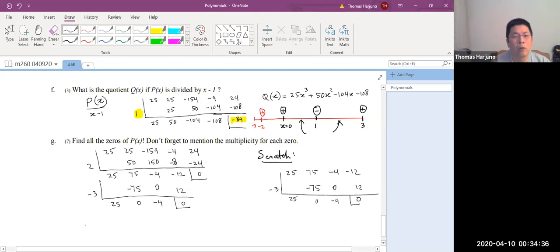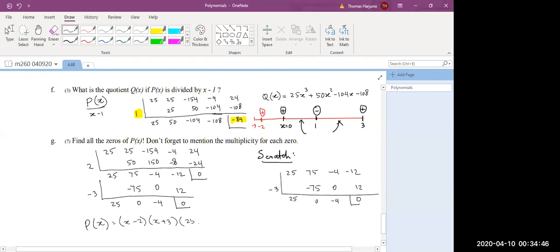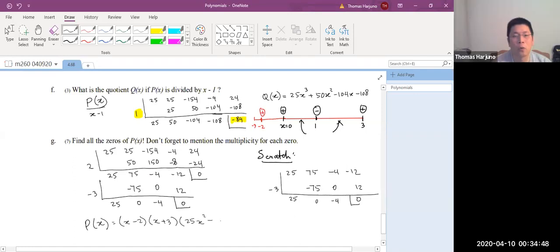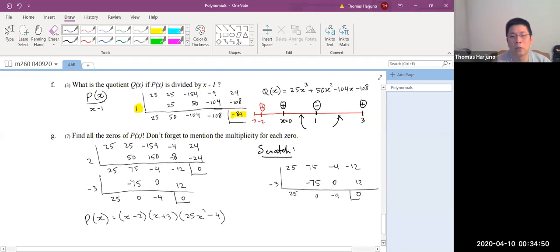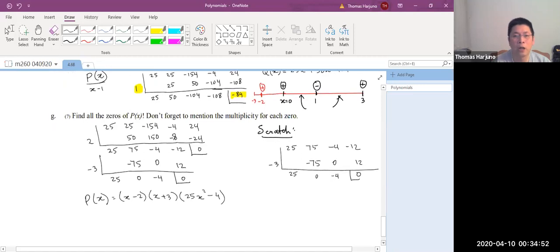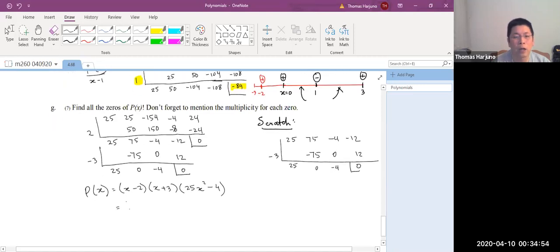So right now, my polynomial has become x minus 2, x plus 3, 25x minus 4. That's already degree of 2 on the last one, and actually I can go further. I can factor it further, right? That's 5x plus 2, 5x minus 2.